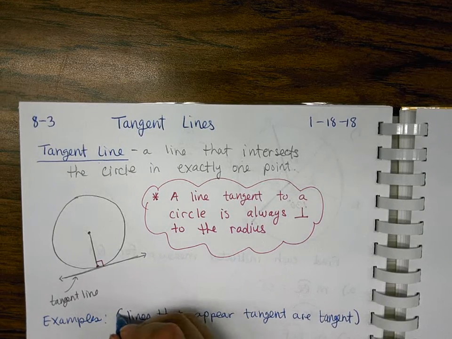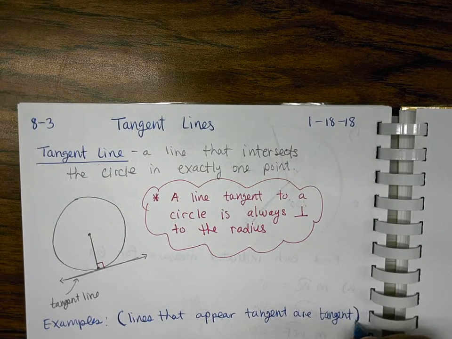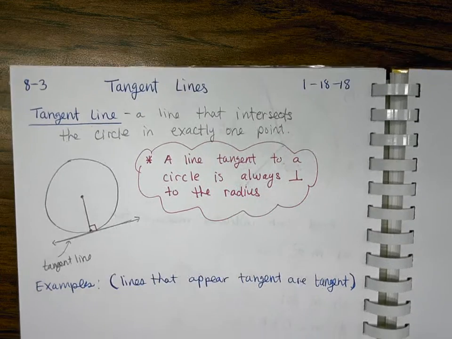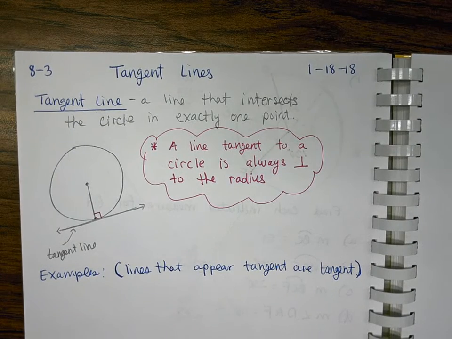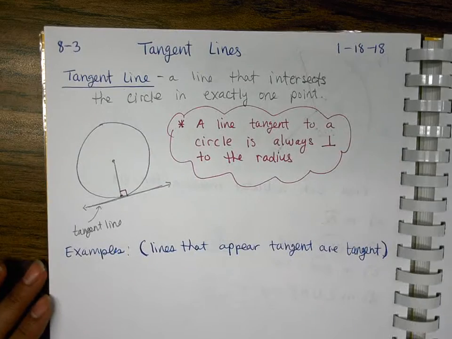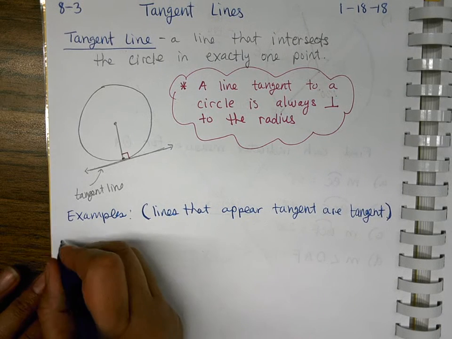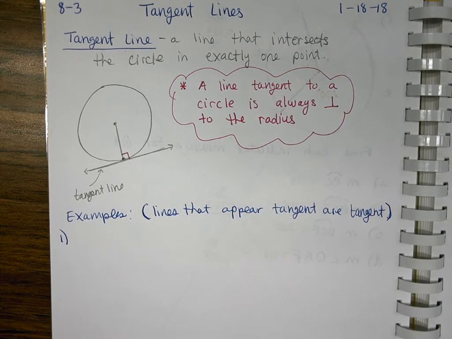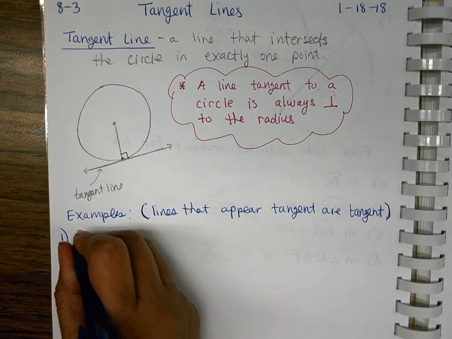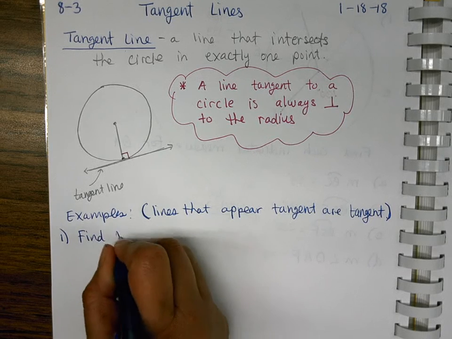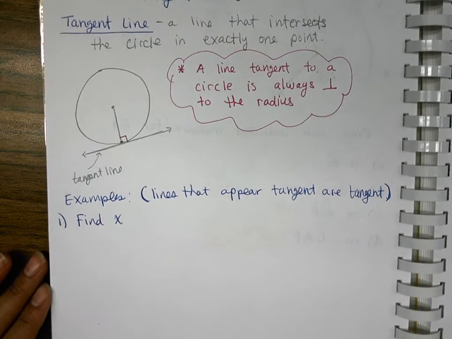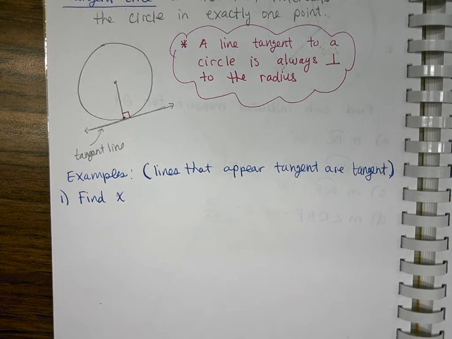So if it looks like, I can't tell if that's tangent or not, if they appear to be tangent, it is a tangent line. We will not have to specify on every single problem that's a tangent line. Number 1, we're going to find x.